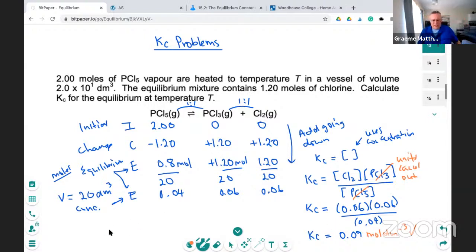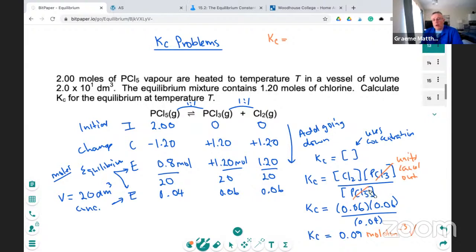Now, you're thinking, so we got this value for Kc. What exactly does it mean? Well, we'll get into this in a problem, but keep in mind that Kc is the concentration of products raised to the appropriate power over the reactants raised to the appropriate power.